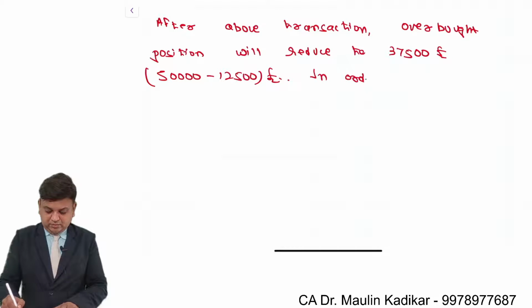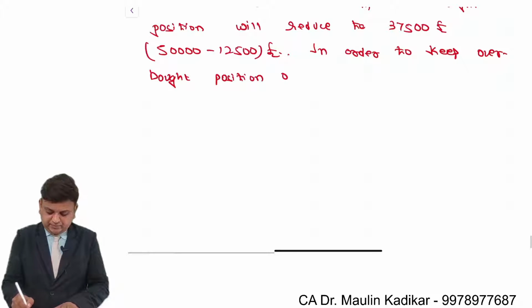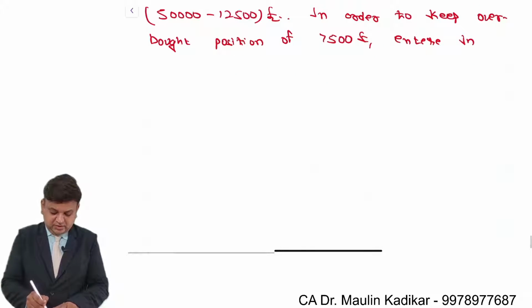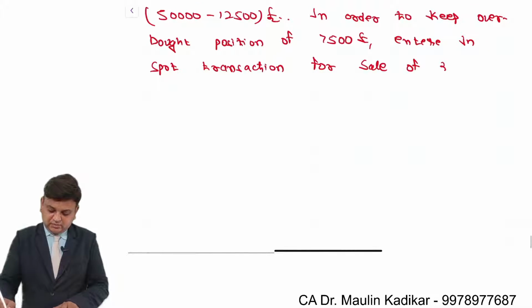In order to keep overbought position of 7,500 pound, comma, enter in spot transaction for sale of 30,000 pound.